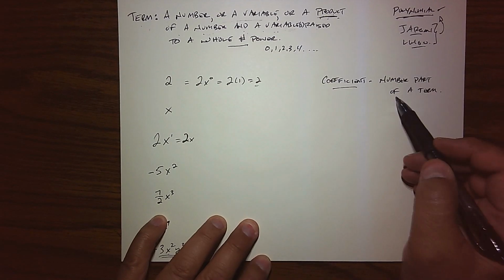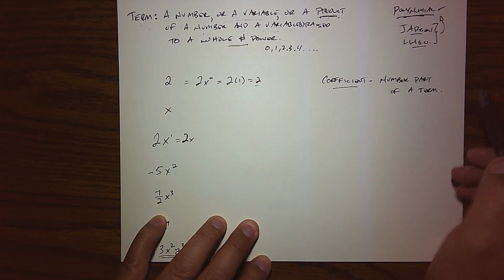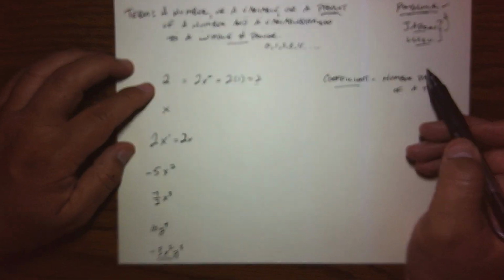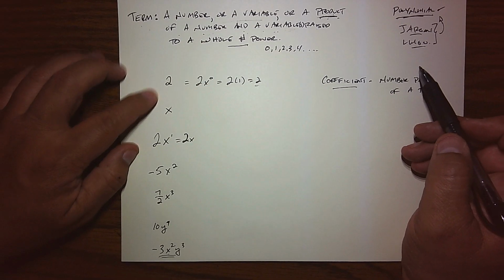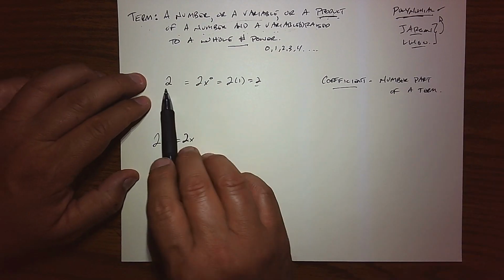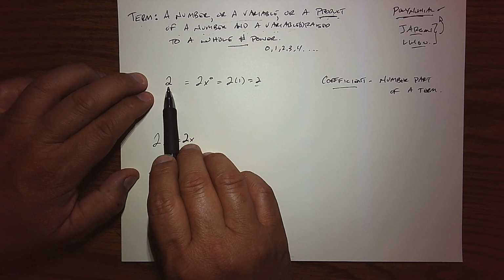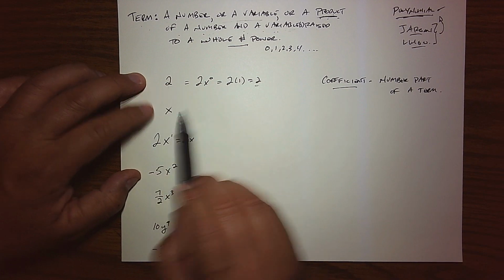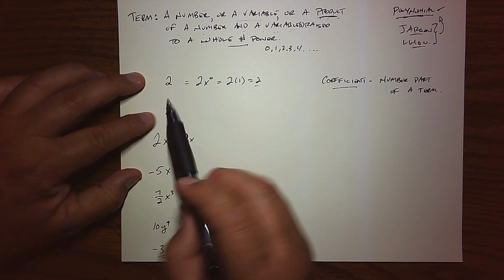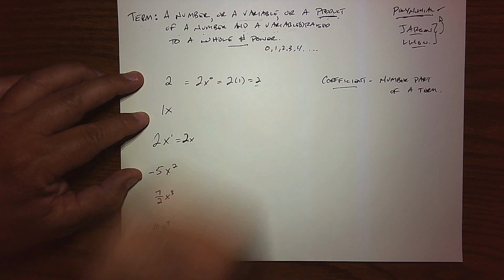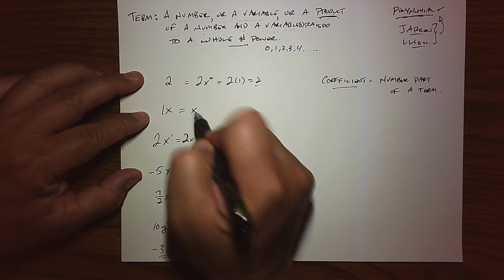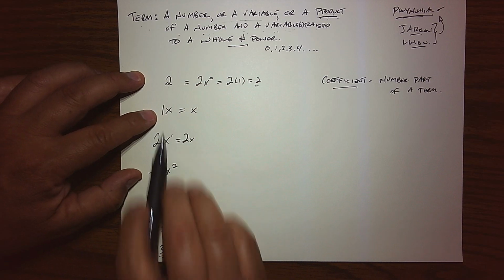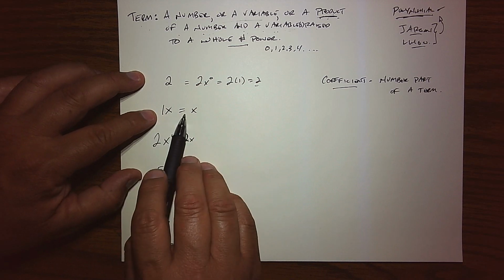And so the coefficient is basically the number part. So looking at my terms over here, of course the number involved in this term is 2, so there's your coefficient. Right here the number involved, technically speaking, there is a 1 in front of it. 1 times x is just x. So the coefficient for this term is 1.